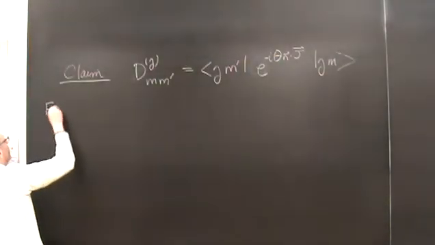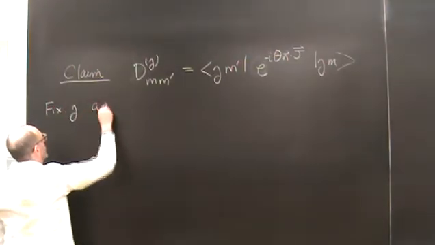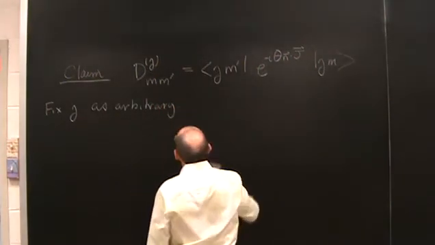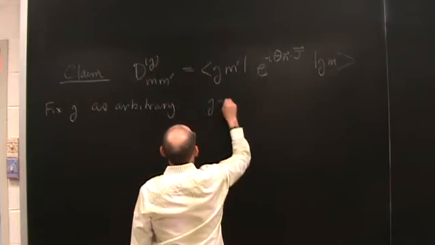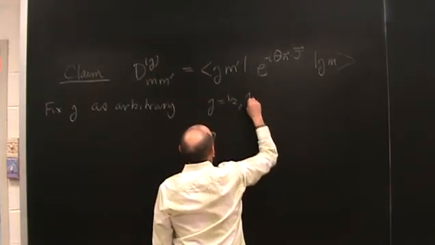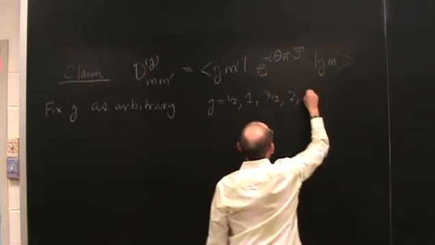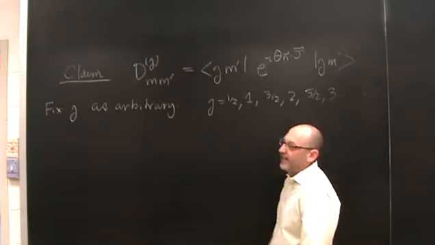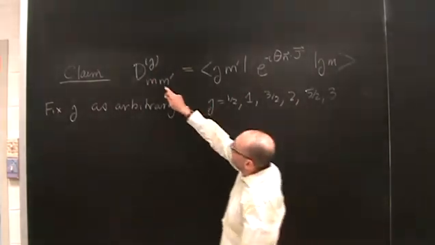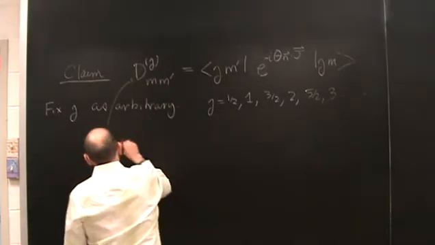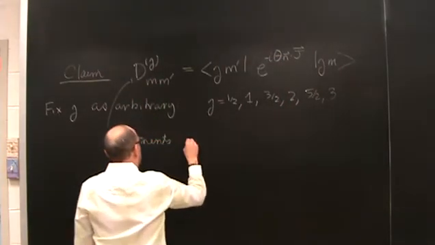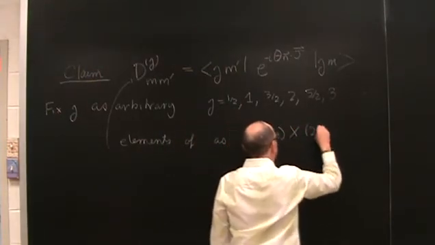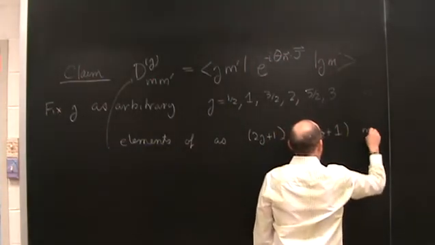So let's fix J as arbitrary. J could be a half, it could be 1, it could be 3 halves, it could be 2, it could be 5 halves, it could be 3, etc., etc. Okay, so I'm going to fix J as one of these things. These are elements of a 2j plus 1 by 2j plus 1 matrix.